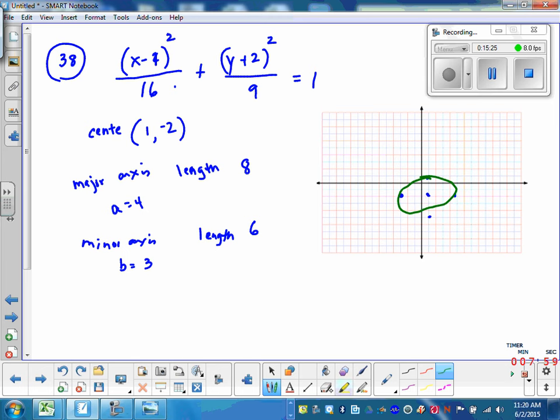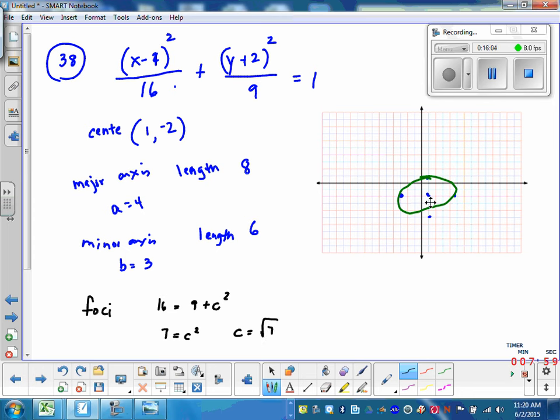In other words, it's important for me to see that the foci are going to be here and here. So the next task is to find the foci. And I do that by saying that a squared, 16, is equal to b squared, 9, plus c squared. So this is going to be 16 minus 9 is 7. And so c equals plus and minus the square root of 7.